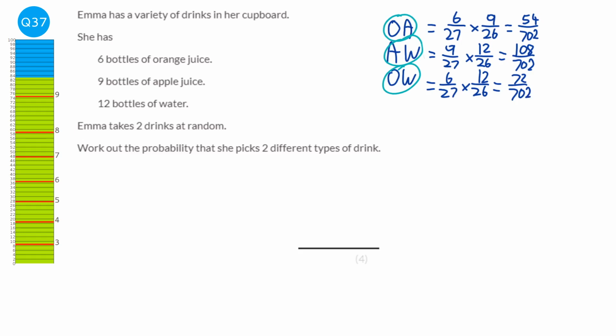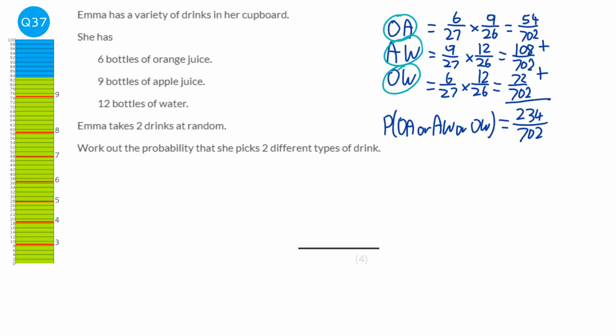Now we're looking at the probability of this or this or this, and the word or means add. So the probability of (OA or AW or OW) is these added together, and when you add them together you get 234 over 702. Now I said we would deal with the reverse situations.